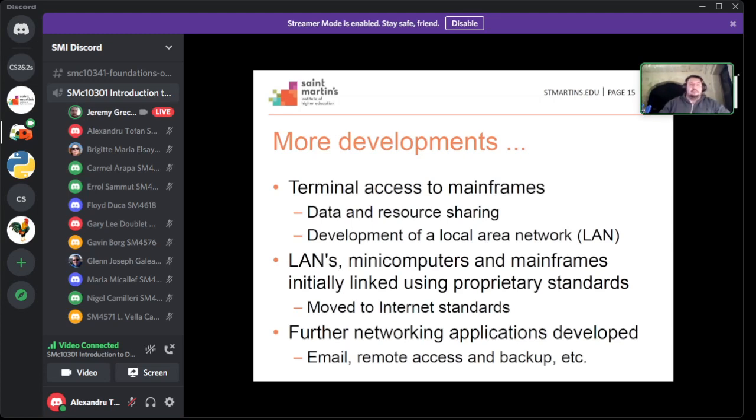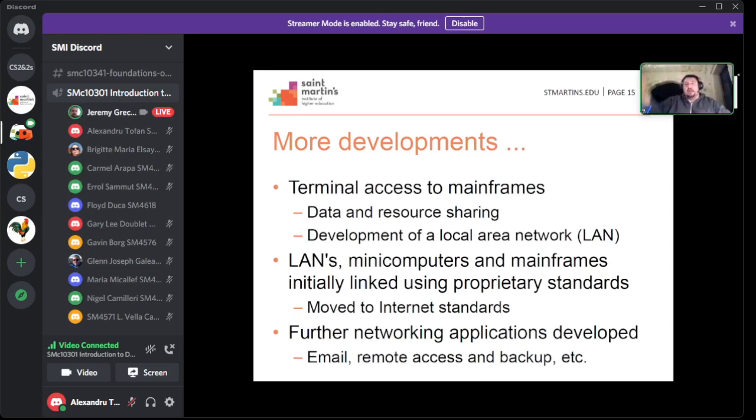Obviously, having networked computers led to yet other innovations, such as electronic mail, being able to send messages between one computer and the next. At first, between one computer and the next on the same network, and then over different networks using the internet. Maybe being able to have remote access or remote backups, and so on and so forth.